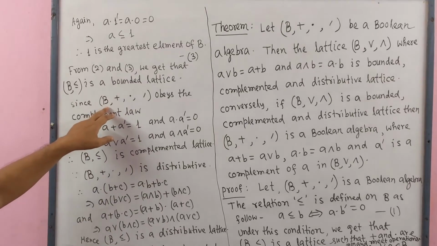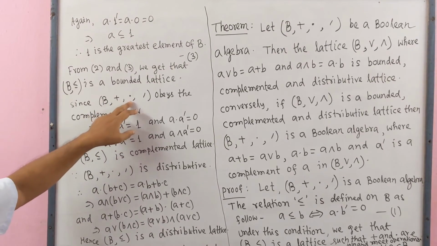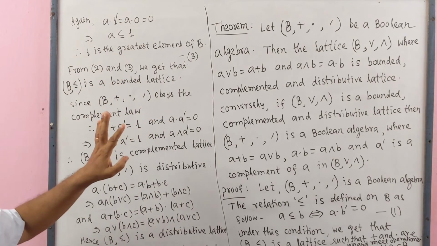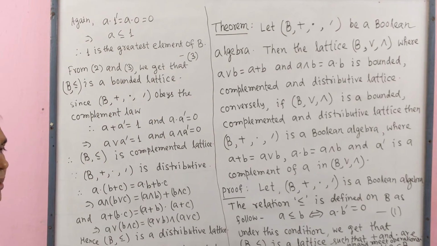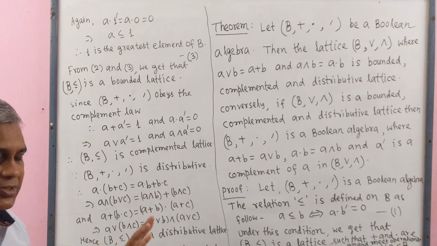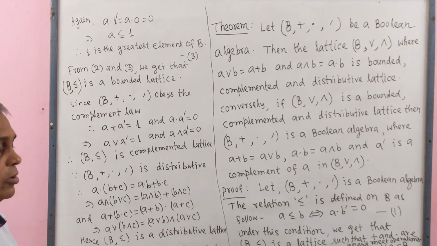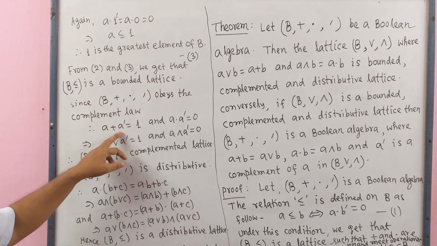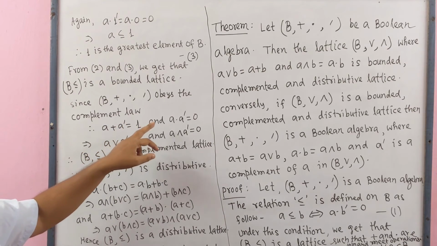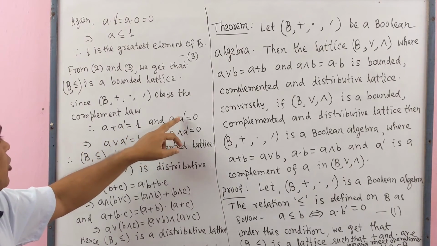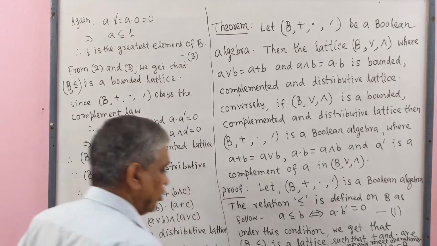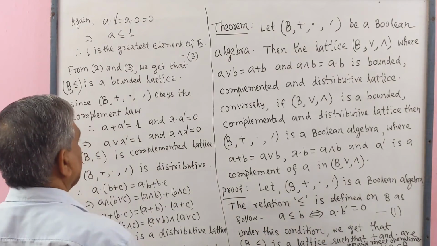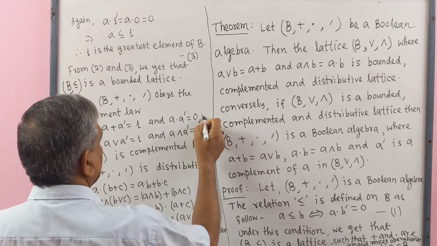Since B plus, dot and complement obeys the complement law, Boolean algebra always obeys the complement law. Therefore, A plus complement of A equal to 1 and A dot complement of A equal to 0 for all A belongs to B.